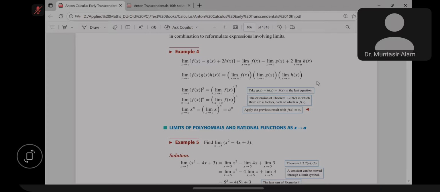We can start with example number 4. First of all, we can start with example 1, where you can see there are three functions f, g, and h.